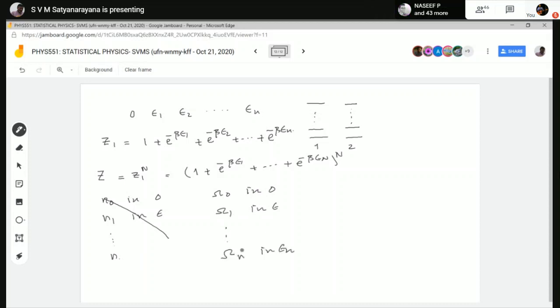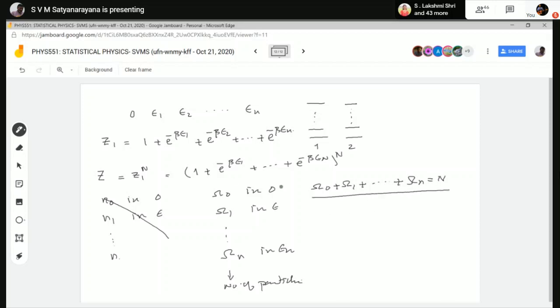Then energies can be obtained like this. But you know that omega 0 plus omega 1 plus, up to omega n, should be equal to the total number of particles, correct?